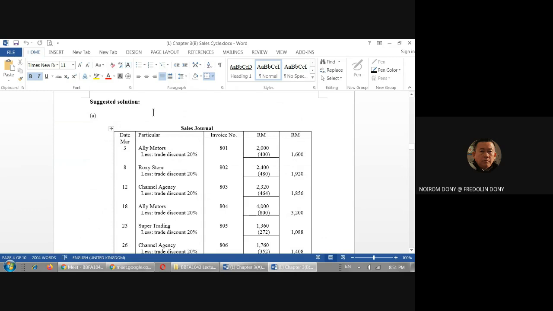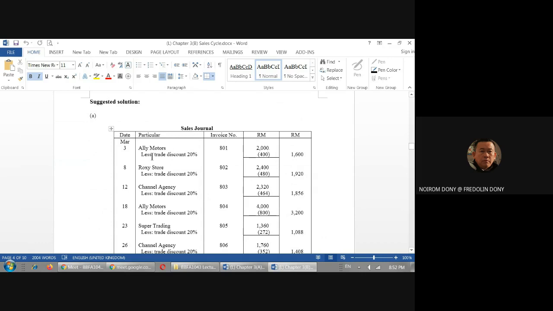So we get the important details from the transaction. That is the date, March the 3rd, and the name of the trade receivable, Ali Moto, and the discount given, trade discount, so 20%. So less trade discount 20%. Simple as that, isn't it? And then the invoice number, you write down 801. If there is no invoice number, you can create one.